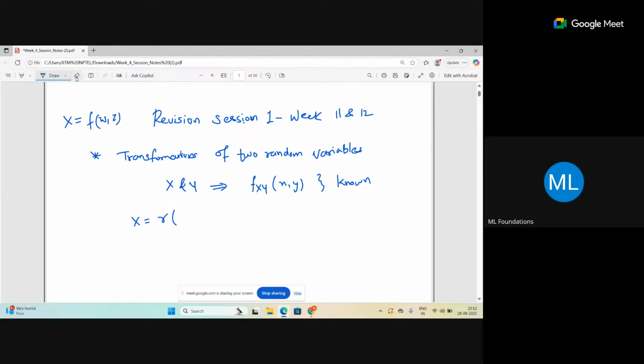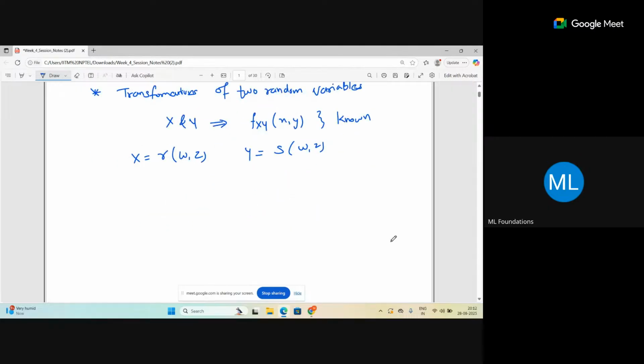So x is a function of two random variables. Instead of writing f here, I'm denoting it by r. So it's some function of w and z. Similarly, y is some other function of w and z. This joint density I know, so I know the joint density of x and y. Let's say x is a function of two other random variables, w and z.